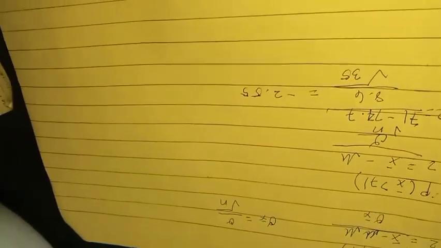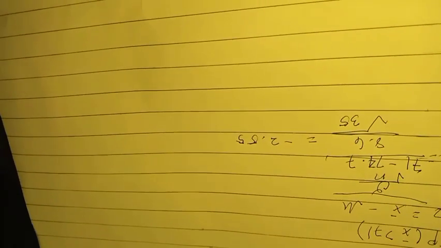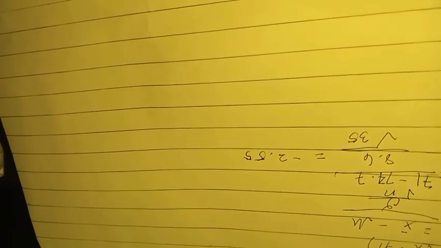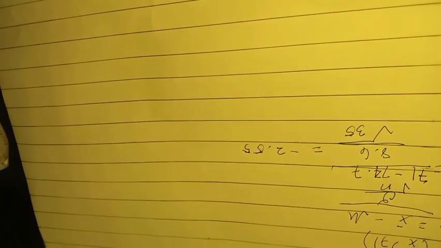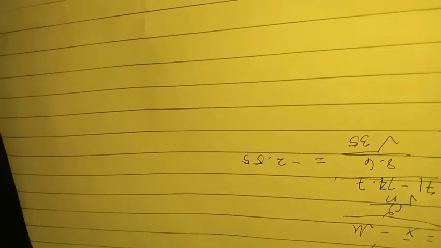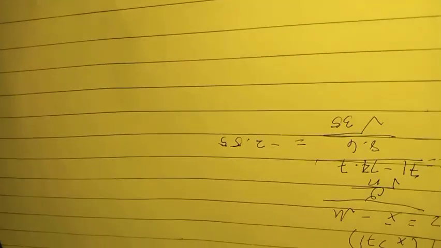So finding the probability that the sample mean is greater than 71 is the same in this case as finding the probability that the z-score would be greater than negative 2.55.